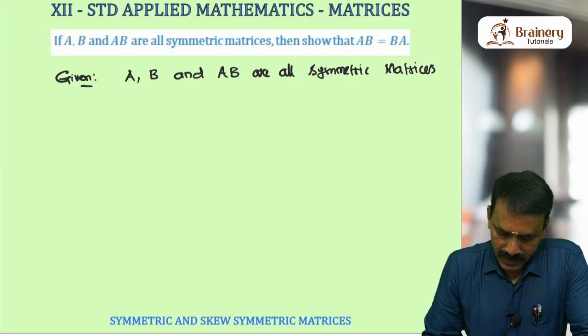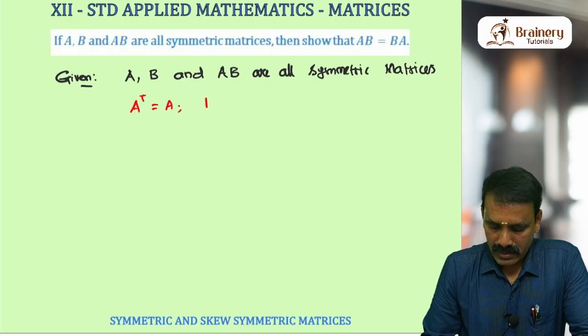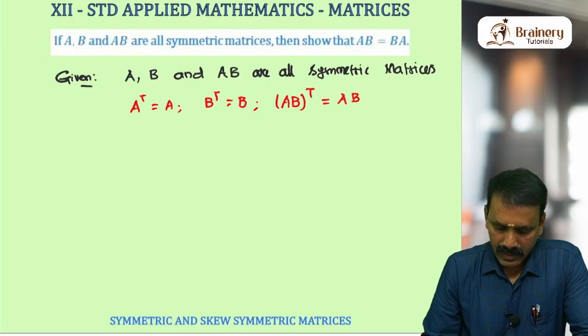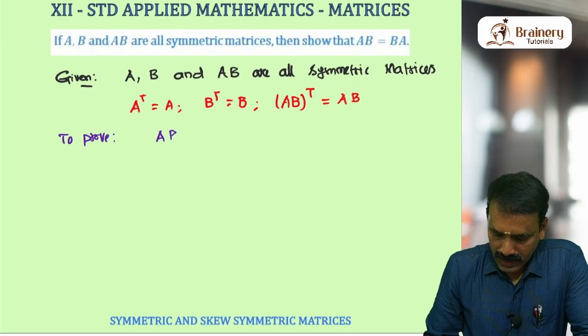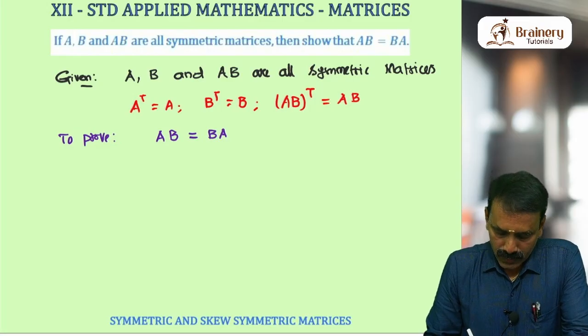A is symmetric means A transpose is equal to A, B is symmetric, therefore B transpose is equal to B, AB is also symmetric, so AB whole transpose will be equal to AB. What are we supposed to prove? To prove AB is equal to BA. This is what we are supposed to prove. So we prove.